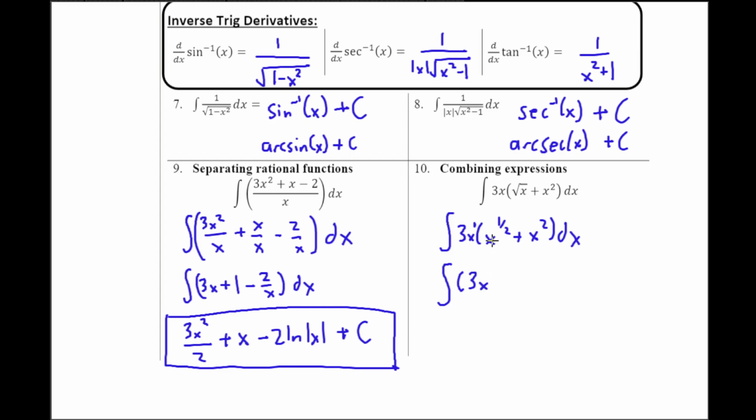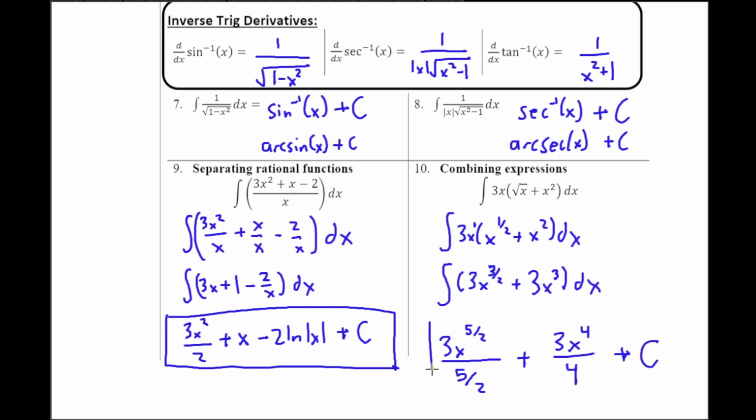That's 3x to the 1 plus 1/2, which is 3 over 2, plus 3x to the first times x squared, that's just 3x cubed. And then you take the integral of that. You're just using the reverse power rule. So 3x to the 3/2 plus 1, that's 5 over 2. And then divide that by 5 over 2. Plus, same thing, 3x to the 3 plus 1, which is 4, divided by 4. And don't forget the plus c when you have indefinite integrals such as this one.